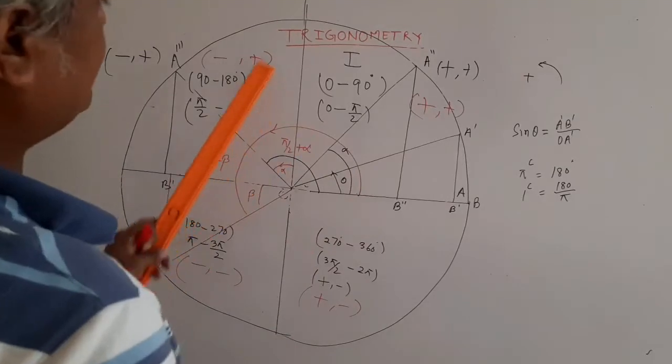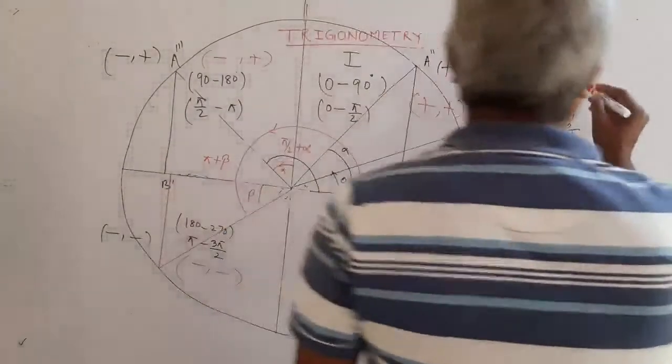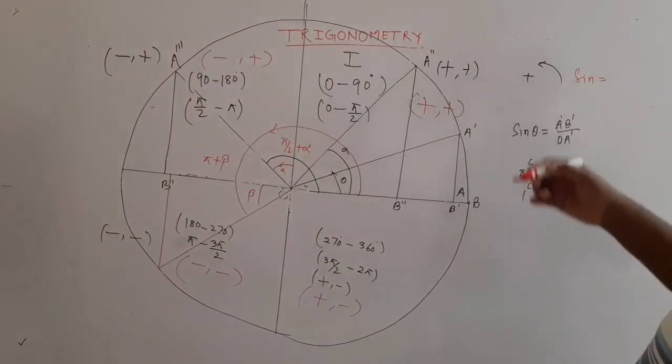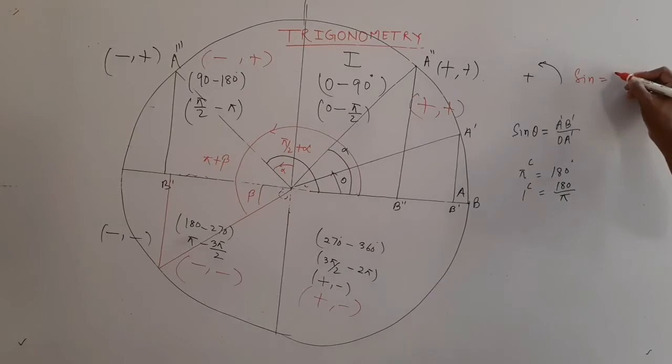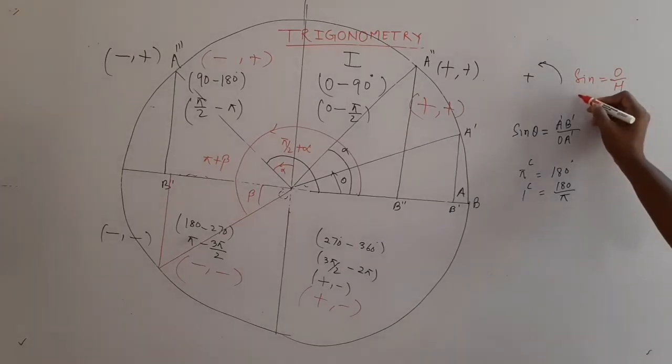You know that sine theta is opposite upon hypotenuse. I can call it O upon H, where O stands for opposite and H for hypotenuse.